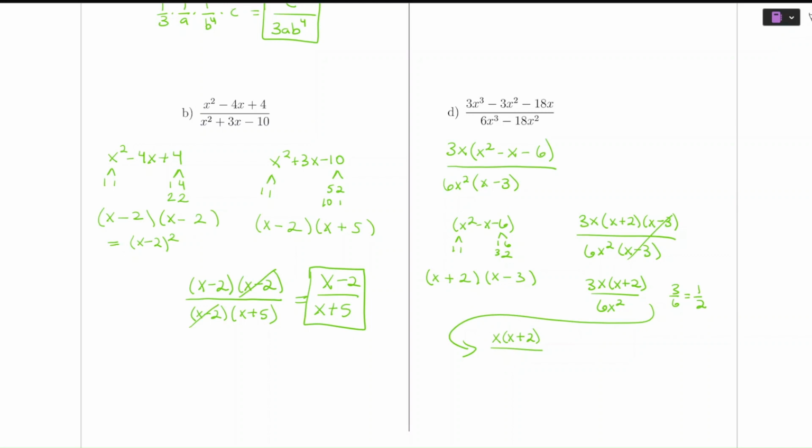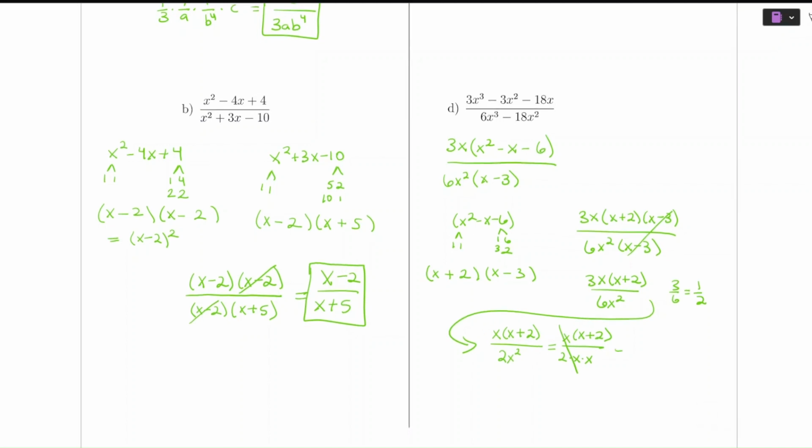And so now the final thing I can do is I have an x in the numerator and an x squared in the denominator, so I can cross out an x in the numerator and denominator and be left with x plus 2 over 2x. Okay, then that is your final answer.